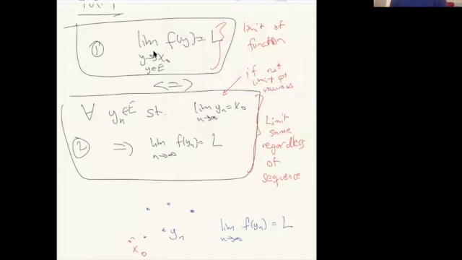But there are many sequences converging to x naught. So yn prime, yn triple prime, different ways of approaching.